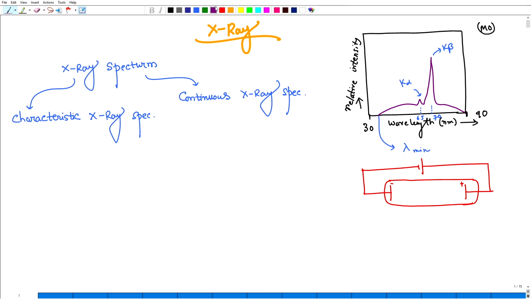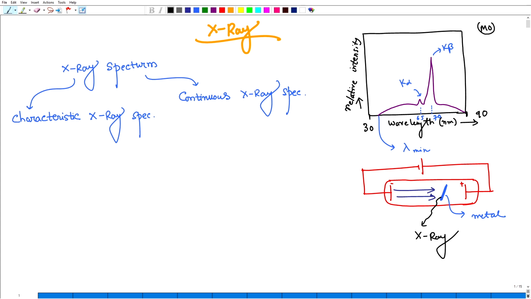This was our cathode ray experimental setup. Now what Röntgen did, he put a metal in the path of the cathode ray. When the cathode ray bombards here, X-ray is emitted. This was our experimental setup.